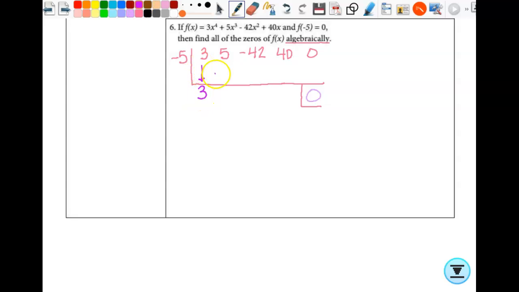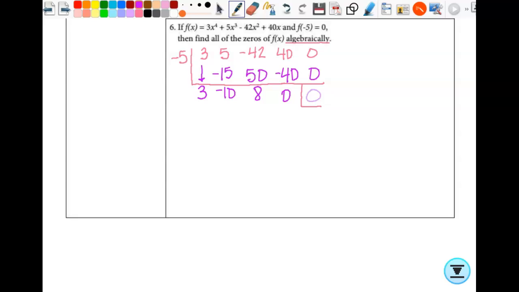I get 3, negative 15, negative 10, 50, 8, negative 40, 0, 0. If I hadn't put this placeholder here, this whole column would be missing right here. I still would have gotten 0 here like I expected to, but it throws off what this answer actually is. Make sense?